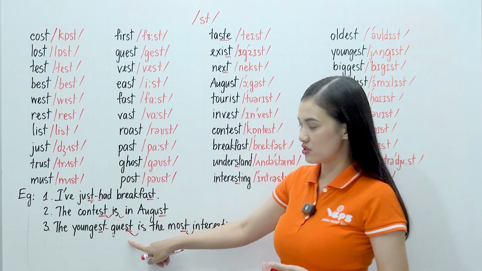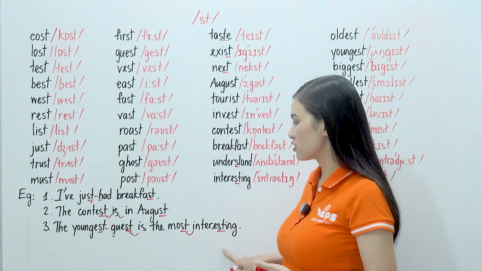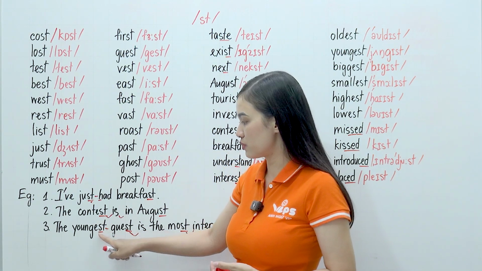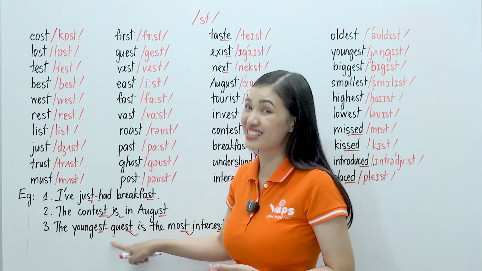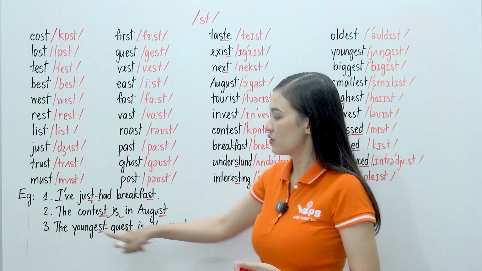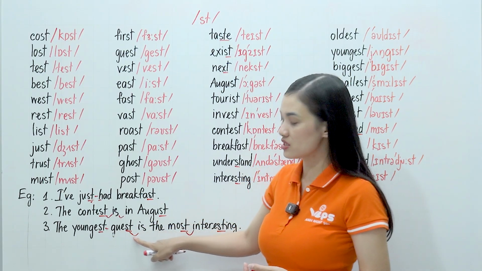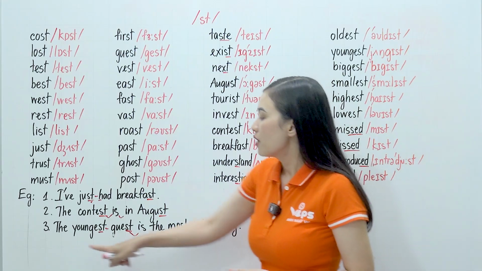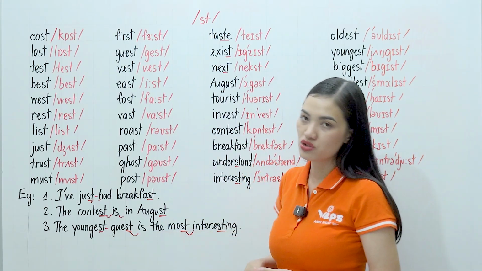Youngest guest, most interesting. Here, but now after that is a consonant, you just need to pronounce. So the youngest guest. Here, T. The youngest guest is the most interesting.